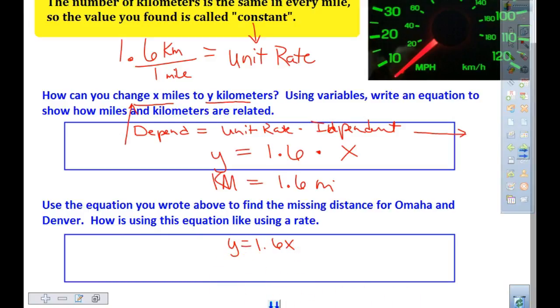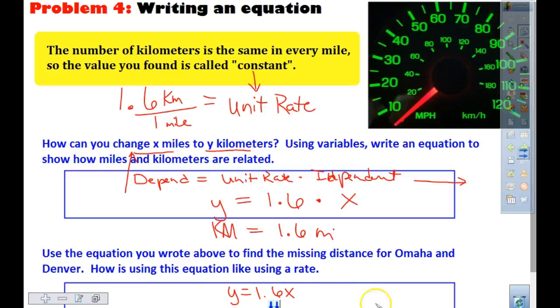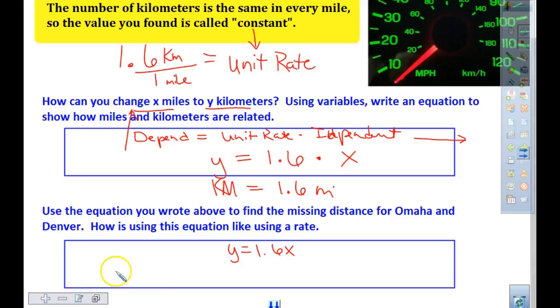What did you know in Omaha? You knew miles, right? Is miles x or y? X. So, if we are looking when x equals 424, we're going to use this equation and solve it. Y equals 1.6 times 424.